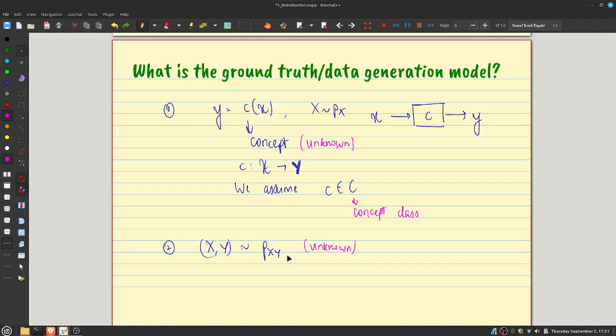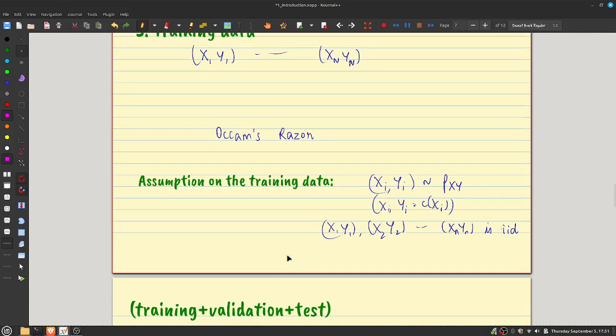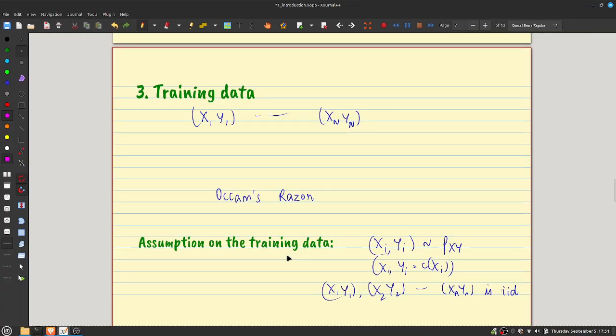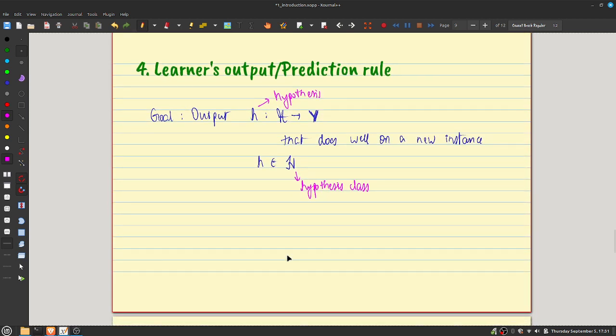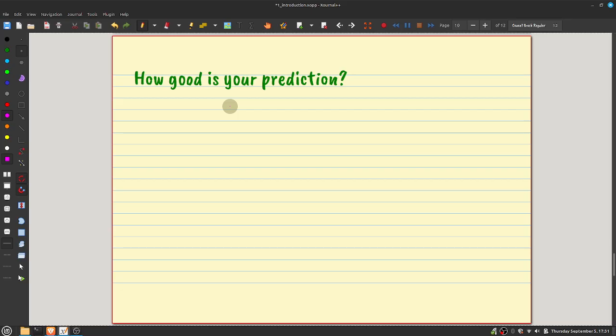And the training data is going to be independent and identically distributed. So we've fixed all that. The last thing is to decide how do you say whether a particular prediction is good or not. We'll explore this in the next class. So let's stop here.